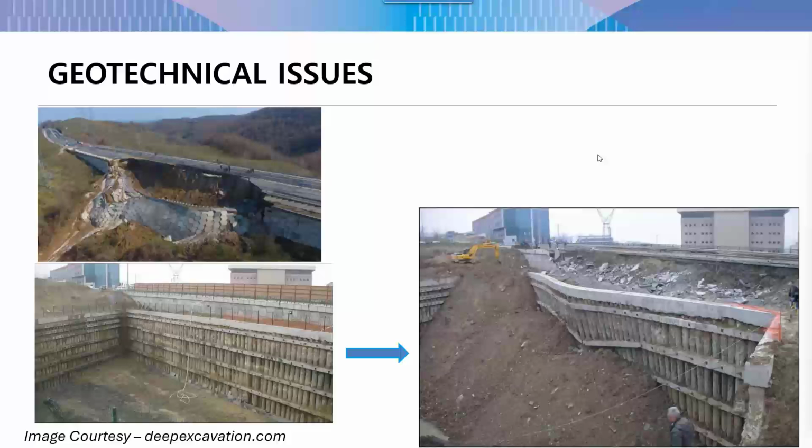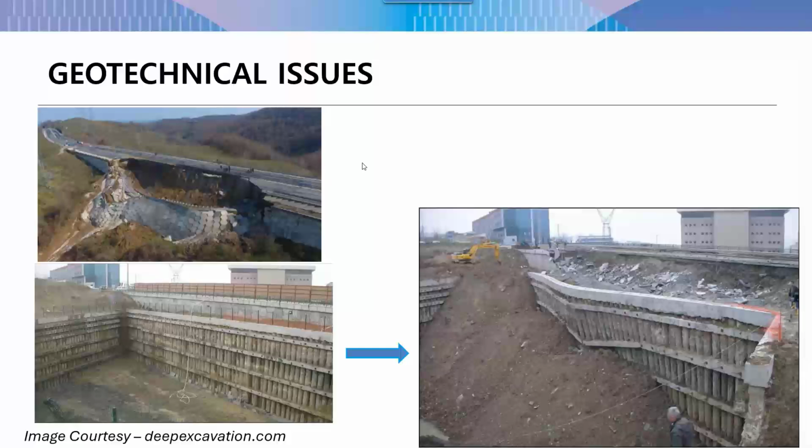I use the word complete, not accurate, because it is very hard to 100% replicate the ground behavior. What we can do is try to approximate the best or the worst possible outcome. If not, you will end up with something as shown in the pictures.